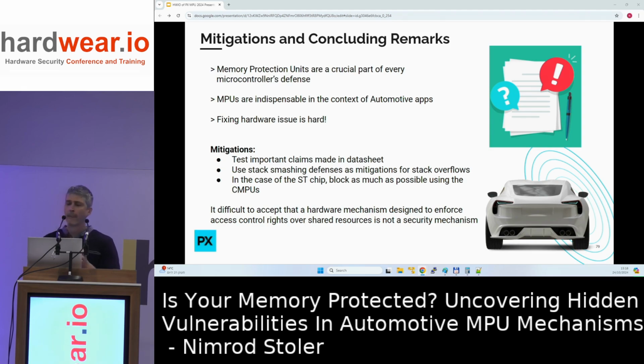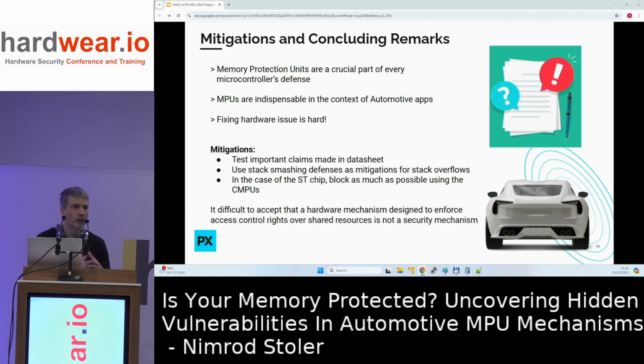First, make sure you test and verify all important claims made in datasheets and reference manuals, especially those that involve important security mechanisms such as MPUs, or memory protection units. Second, always make sure to use stack smashing mitigations, for example, stack canaries.